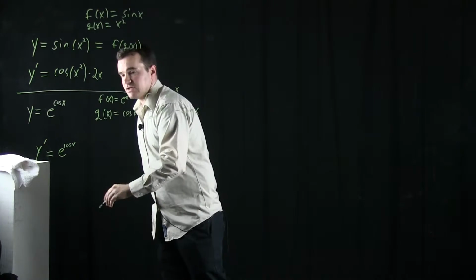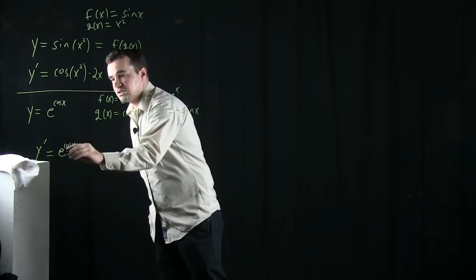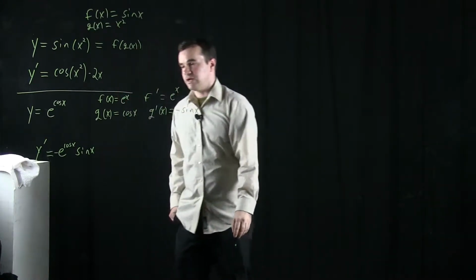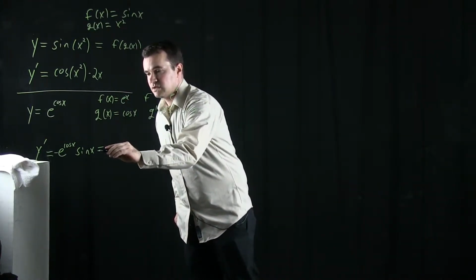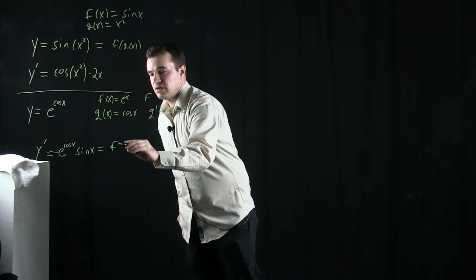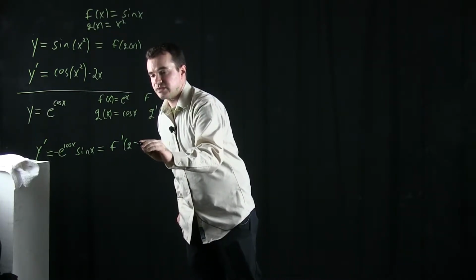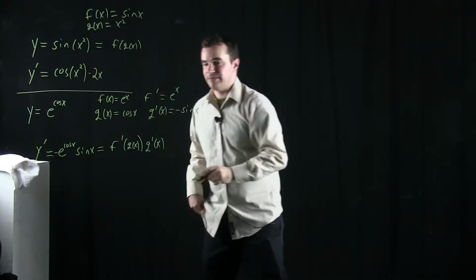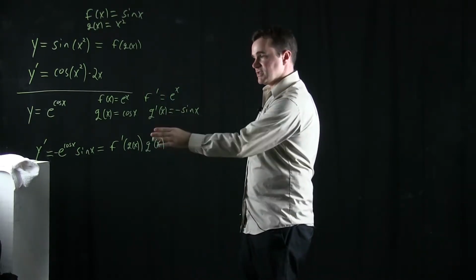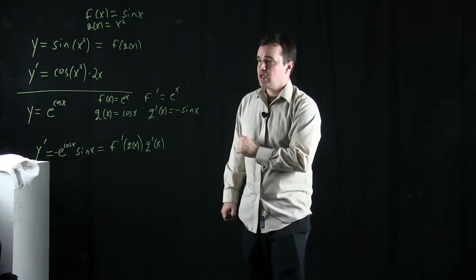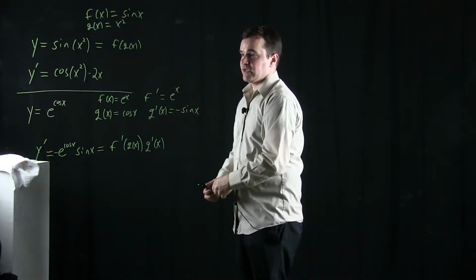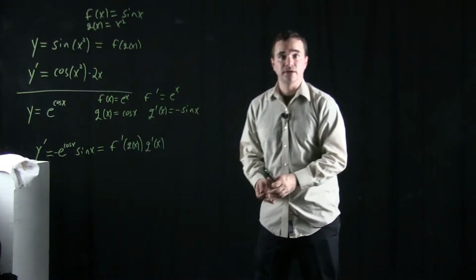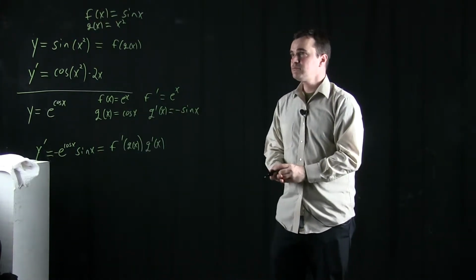So the answer here is going to be e to the cosine x times negative sine of x. And that's just me writing down f prime, plug in g of x, times g prime of x, where my g prime of x is the negative sine of x, and my f prime is e to the x, f prime of g of x, that's e to the cosine of x. Let's do another one.